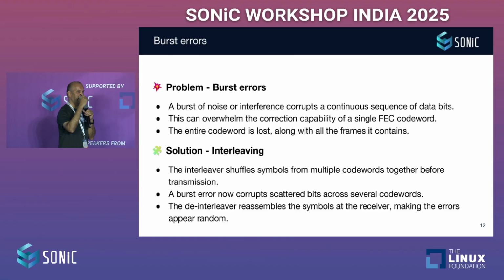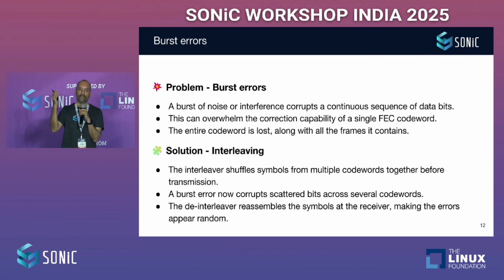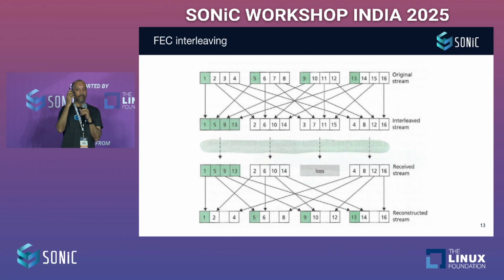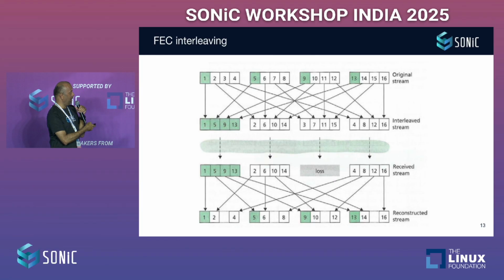Once you divide the frame into code words, you get the topmost line, basically 1, 2, 3, 4, 5, 6, 7, up to 16, for example. These are the code words, there because of the frame that is divided into them.